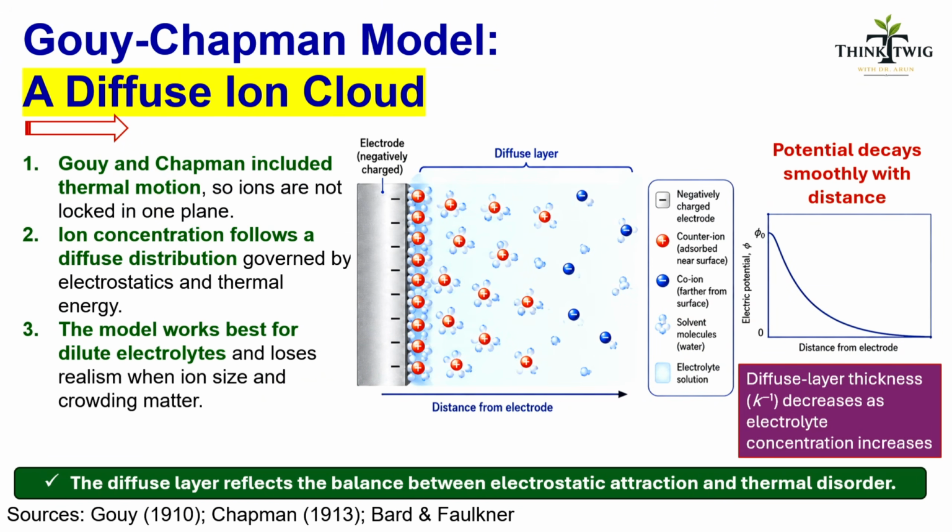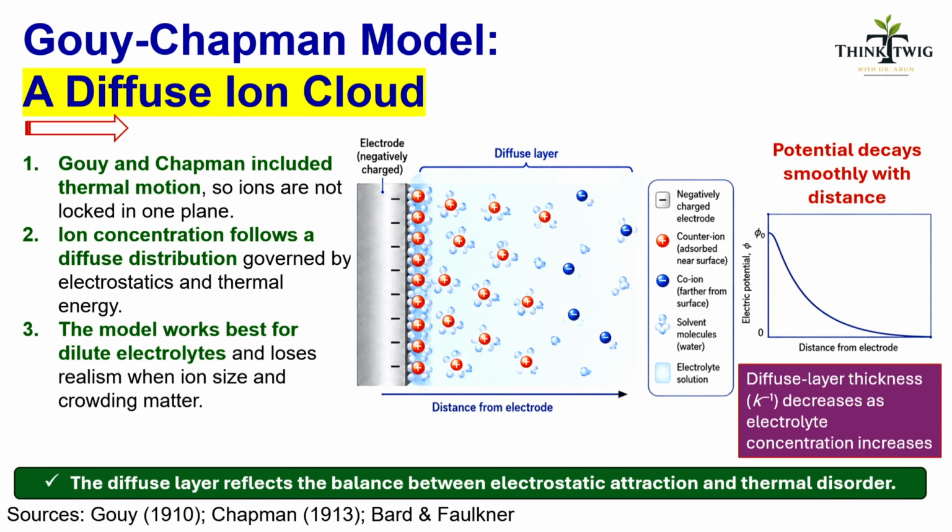Gouy and Chapman included the effect of thermal motion. Electrostatic attraction pulls counterions towards the charged electrode, but thermal motion tends to spread them through the electrolyte. These two effects compete with each other, and as a result, the ions do not remain in one fixed plane, but form a diffuse layer.